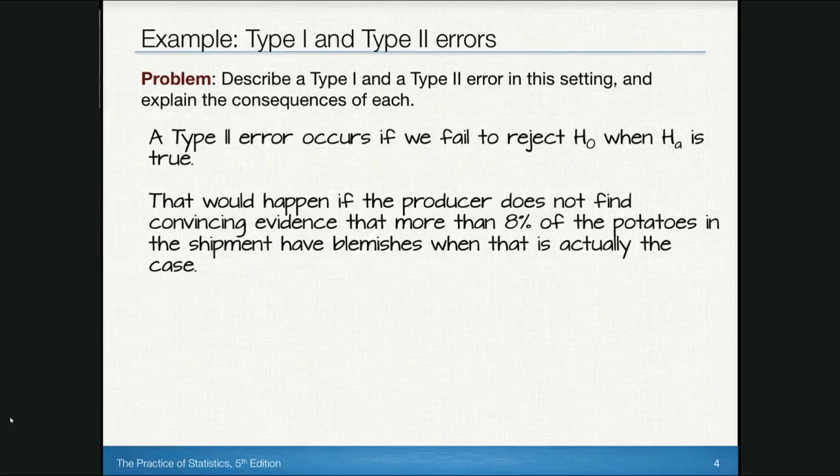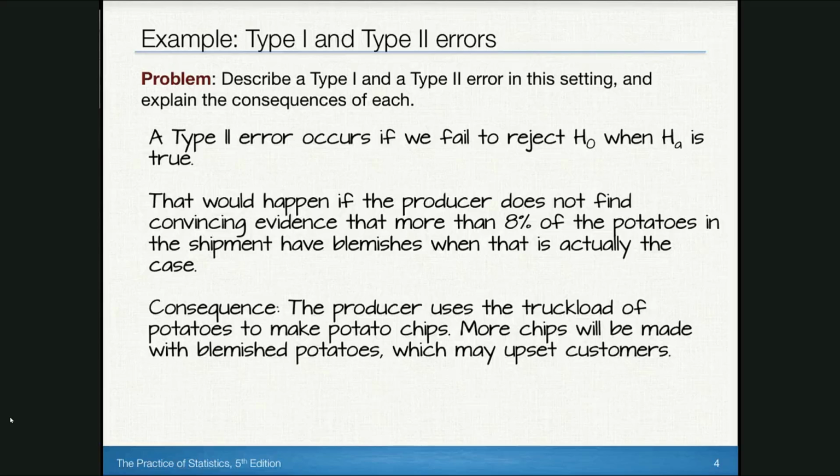So in this case, that would happen if the producer does not find convincing evidence that more than 8% of the potatoes in the shipment have blemishes, when that is actually the case. That is, we really have a bad batch of potatoes, but the sample we selected doesn't indicate that, or doesn't give evidence of it in this particular case. As a consequence, the producer uses the truckload of potatoes to make potato chips. More chips will be made with blemished potatoes, which may upset customers.